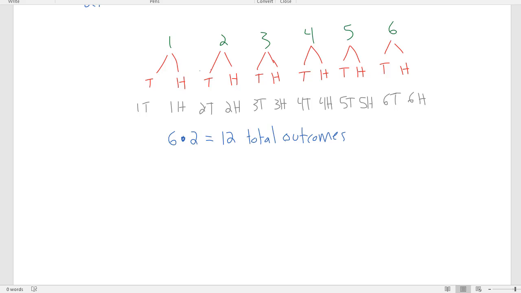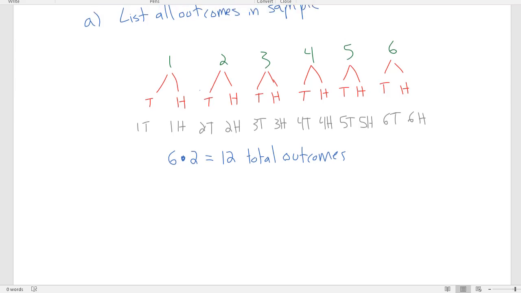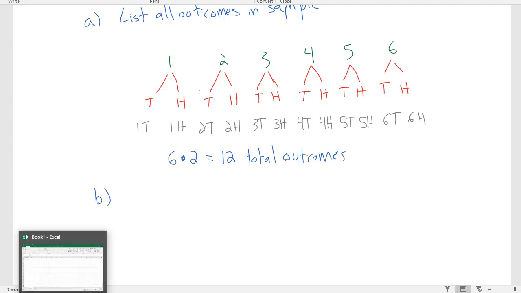Now the advantage to this tree diagram is that it keeps things nice and neatly organized for me. So if there are other questions that I ask, like we're about to do, then I can look back at that sample space and I can count what's favorable or what's not favorable.